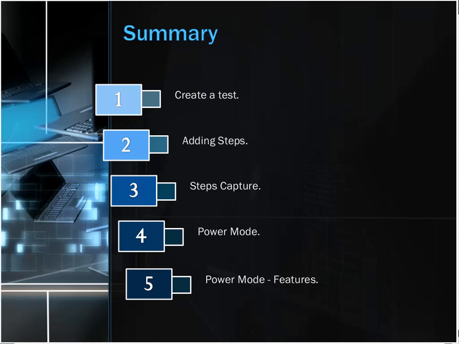When running a test through Sprinter, there are two modes that are available, Basic Mode and Power Mode. Power Mode gives you lots of additional features to help make testing easier and faster.